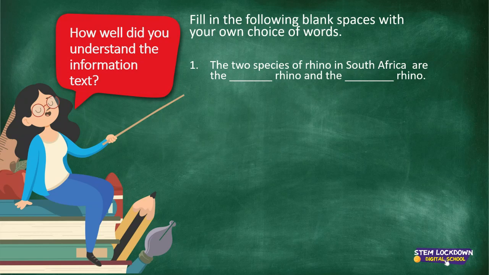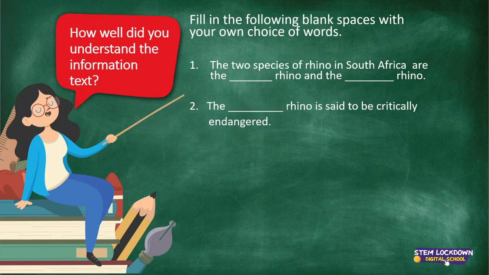Right, got that. Number 2, the something rhino is said to be critically endangered. In other words, there's less of the one kind than the other kind. Which kind is the critically endangered, meaning there are not many of them left at all.